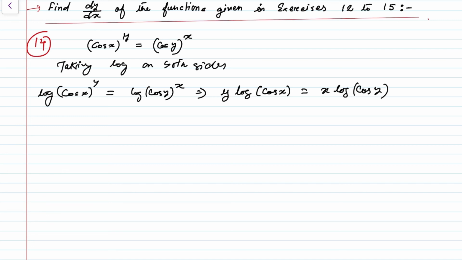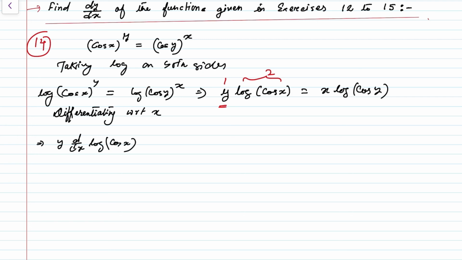Now differentiate this with respect to x. Consider this one as the first function and this one as the second function, and use the product rule. So first function, derivative of the second function, derivative of log of cos x. If you assume this as log of x, then the derivative of log of x is 1 by x.